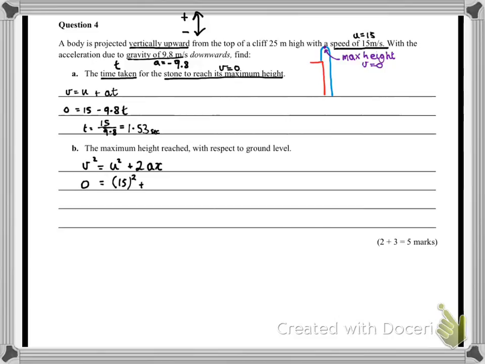Now, this here might be the best formula to use, where we're interested in finding the maximum height here. Okay, where now the maximum height is the final velocity is 0.